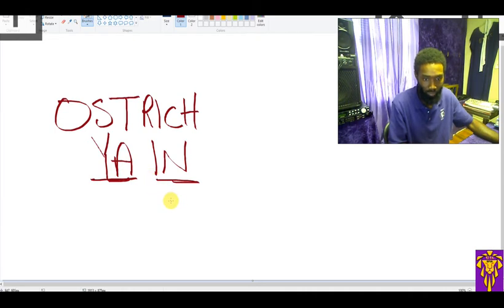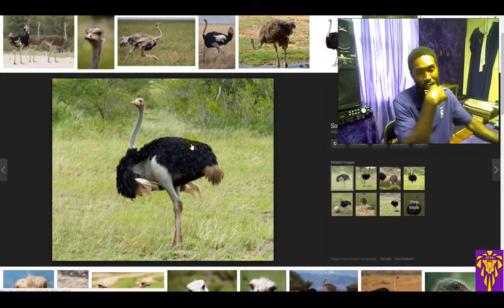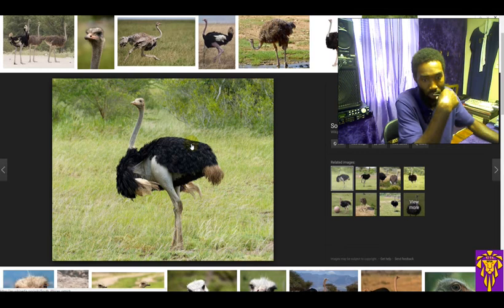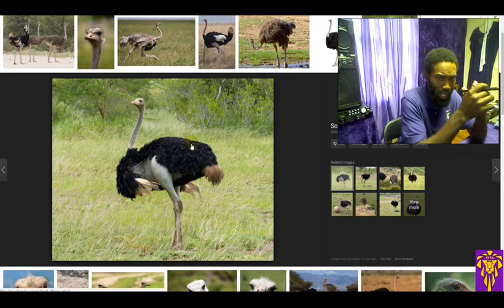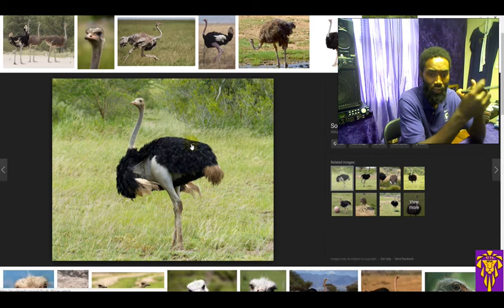Okay, and we're going to show you how ostrich looks. Ostrich. It looks like a giant prehistoric bird. You know, I think ostriches, they are on that extinct level too. I'm not sure because, you know, these things are coming up short.